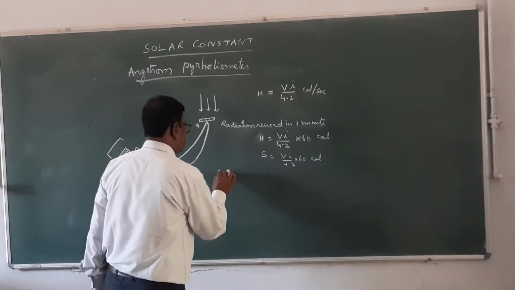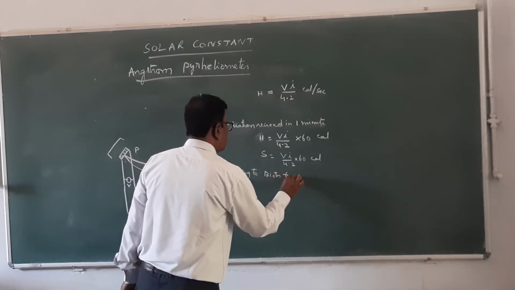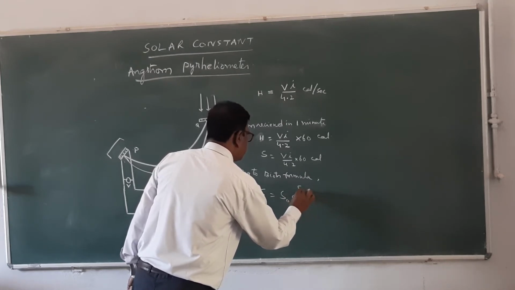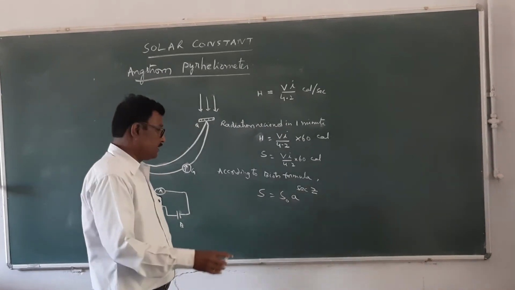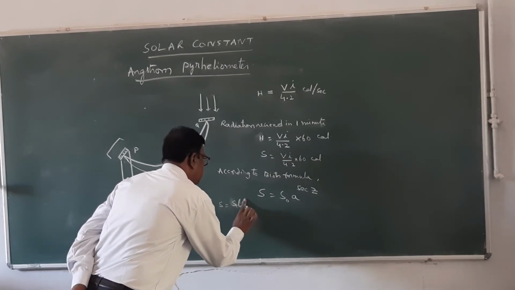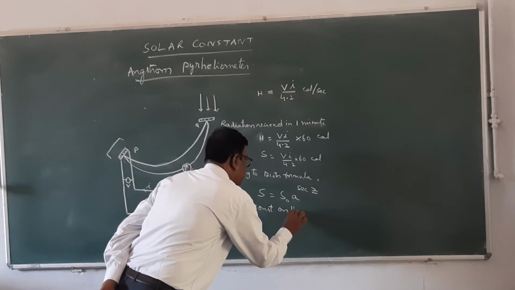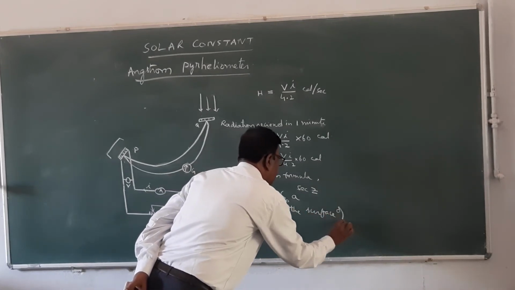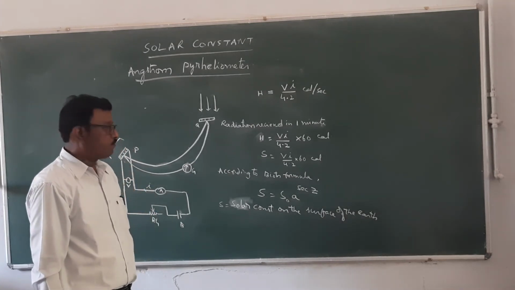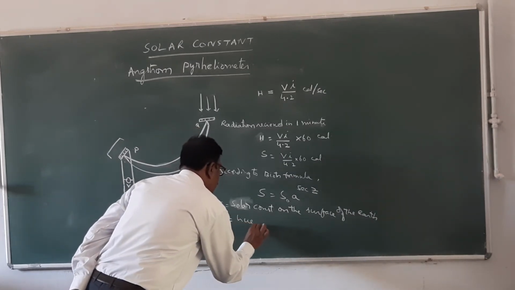Now, according to Bouguer's law, S is equal to S0 a to the power of secant Z, where S is the solar constant on the surface of the earth, which you have measured as VI divided by 4.2 into 60, and S0 is the true solar constant.